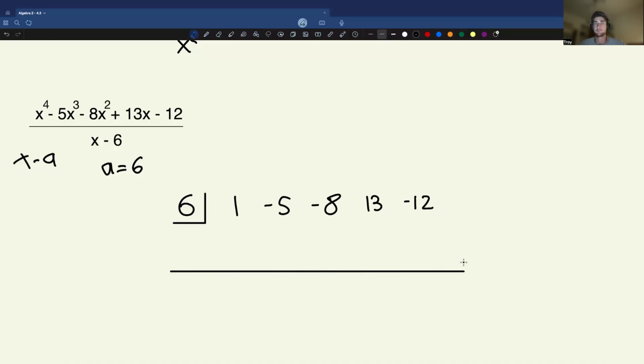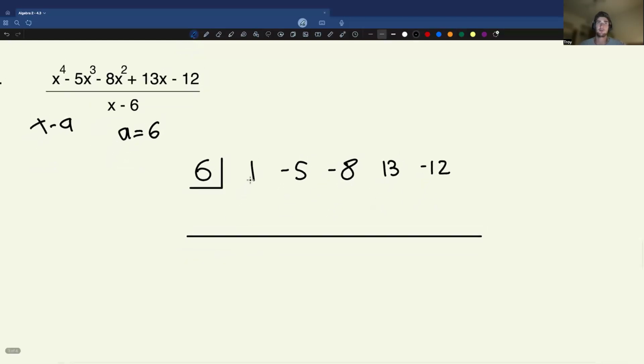Draw our line, and then we go. It can be really fast once you get the hang of it. So drop down the 1, that's 1. 6 times 1, we write that right here, it's 6. Negative 5 plus, all right, the plus is here just to remind us, 6, that's 1 again. 1 times 6 is obviously 6 again.